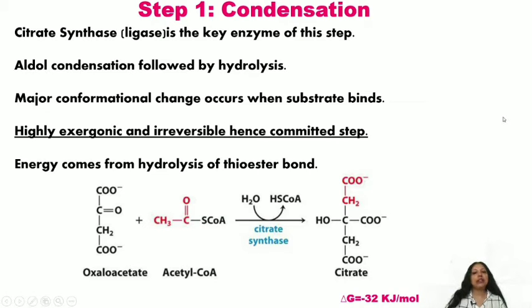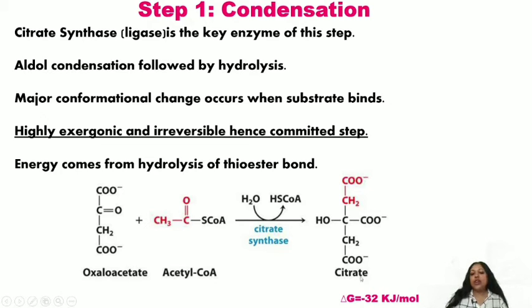We have discussed triose phosphate isomerase, which causes a major conformational change, and this is now the third enzyme you are studying, citrate synthase, the key enzyme of this cycle, which causes a major conformational change. So when you look at the reaction, you will see that the 2 carbon acetyl coenzyme A reacts with 4 carbon oxaloacetate to form a 6 carbon intermediate known as citrate.